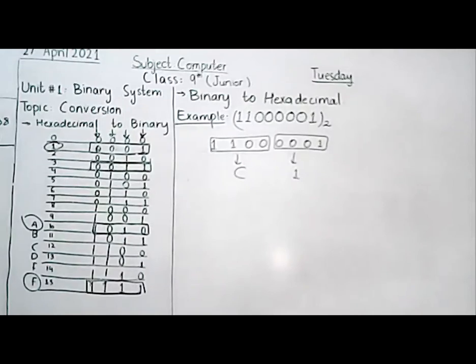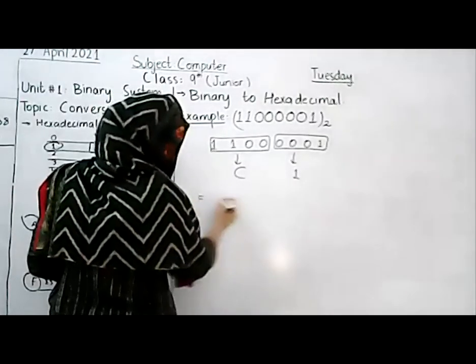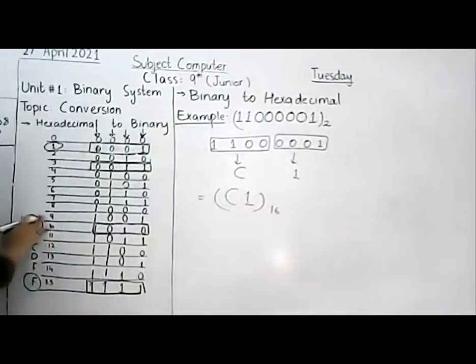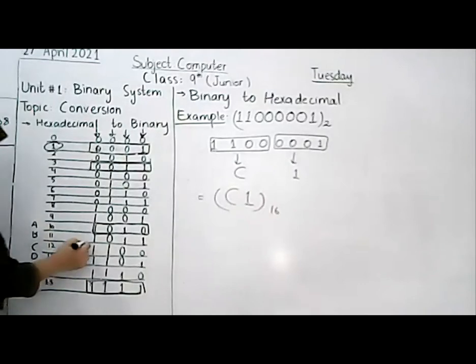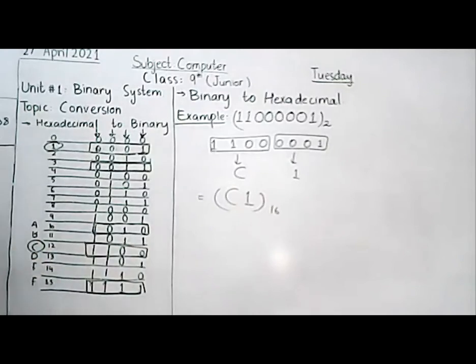Yes. Okay. So in this way, we can say that this number in binary is equal to C1 in the hexadecimal system, because here we can see the value of 1100 is C. So C1 will be the answer.